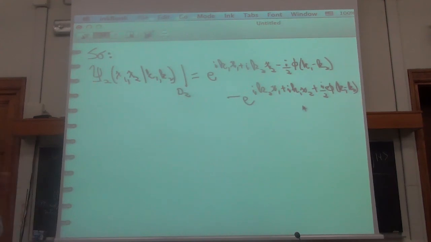Here I have just chosen an overall phase. We haven't bothered with normalization of the wave function, but this is already the solution of the Schrödinger equation, including the interaction term, on the line. We will start with that after the break and generalize it to many particles.